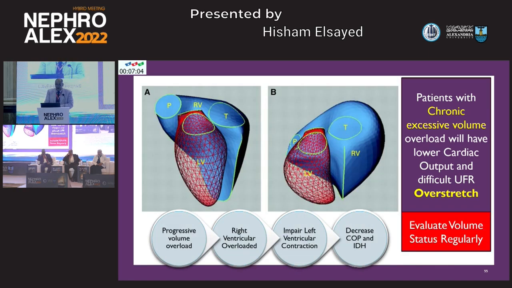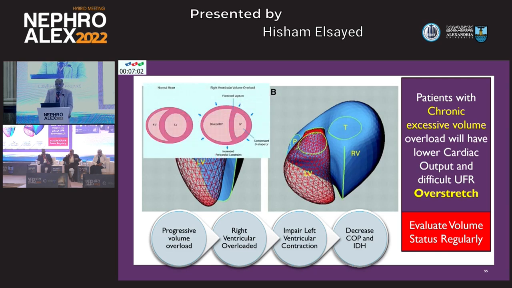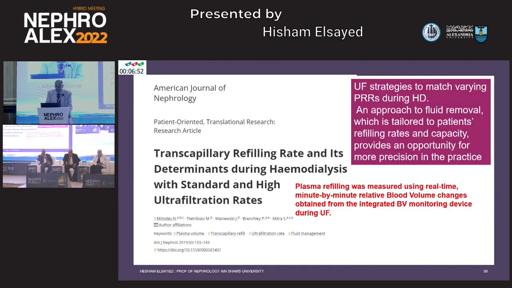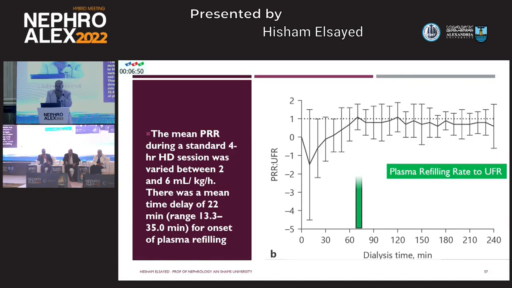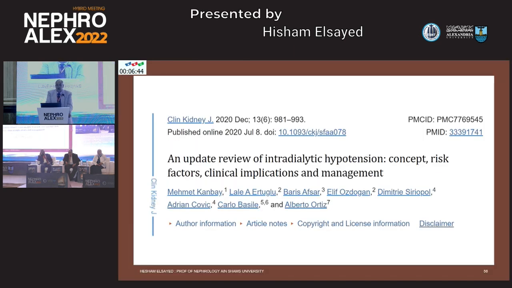So this is what's called the D-shaped heart because of the ventricular compression by the right ventricle towards the left ventricle and subsequently lower cardiac output and intradialytic hypotension. So the transcapillary refill usually follows the ultrafiltration with a lag period of about half an hour, and it is usually in association with 4 to 6 ml per kg per hour.